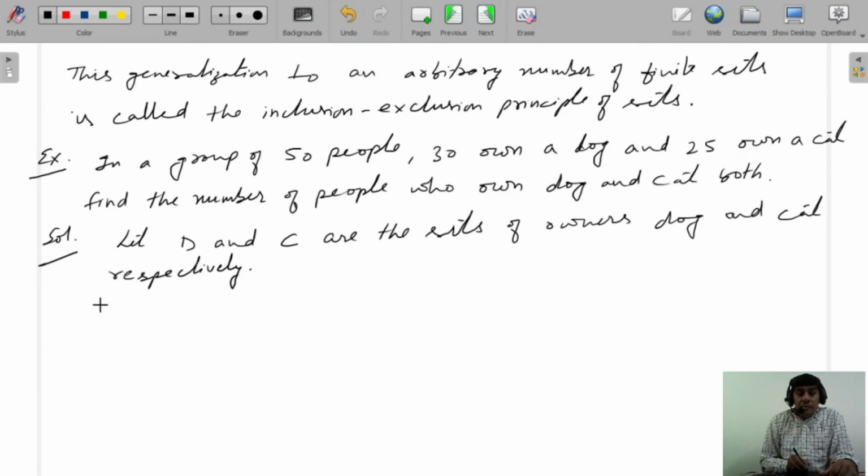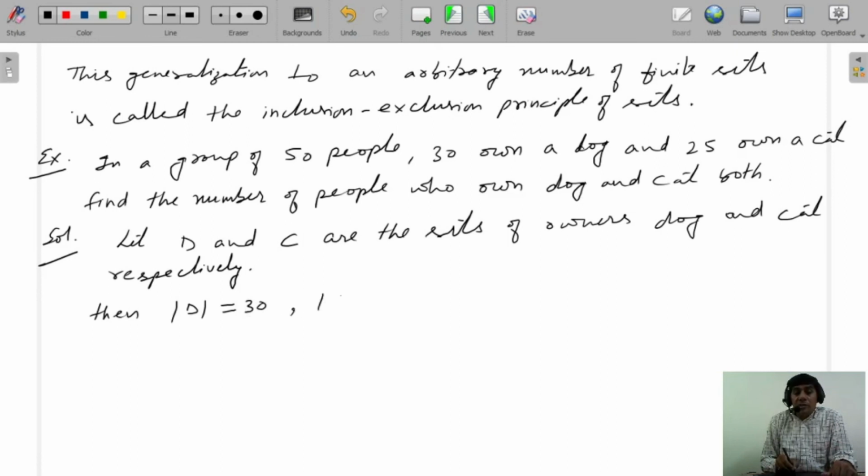Then modulus of D, that means the number of owners of dog, is 30.